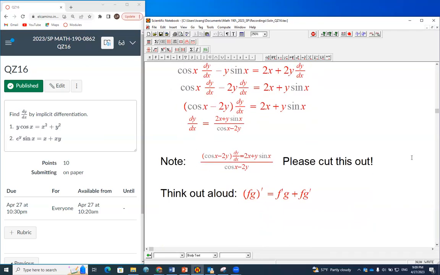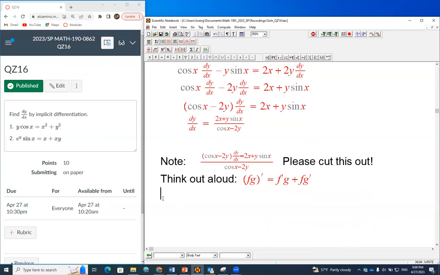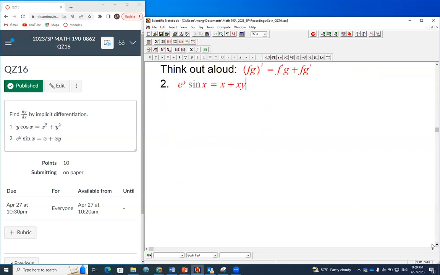All right. So let's look at number 2. e to the power y multiply sine x equals x plus xy. So we get to use the product rule again.